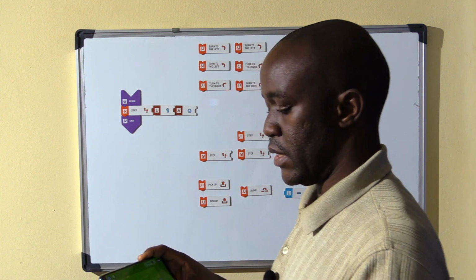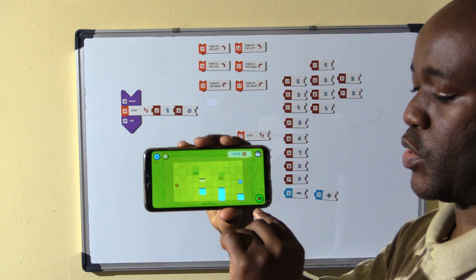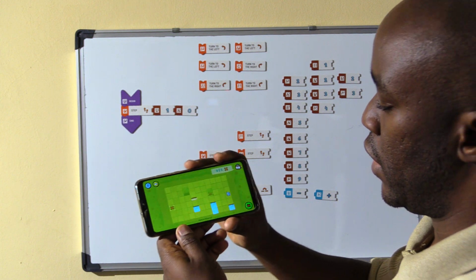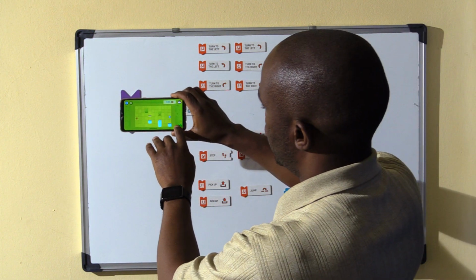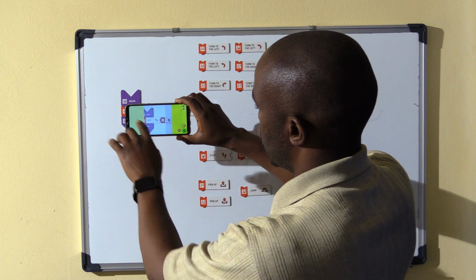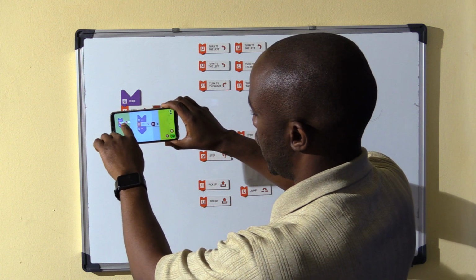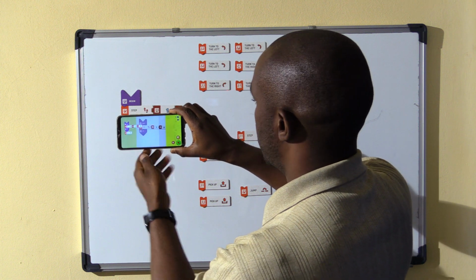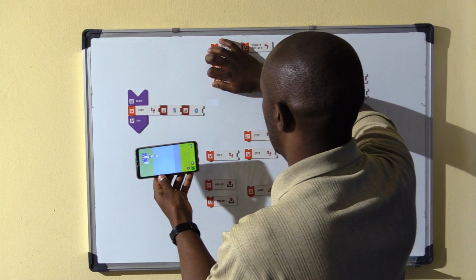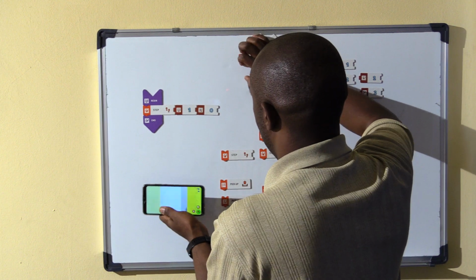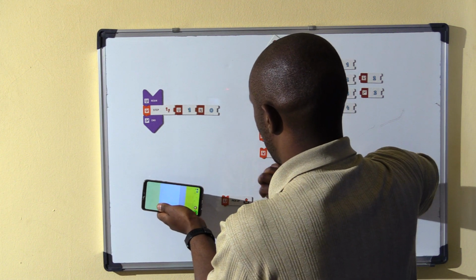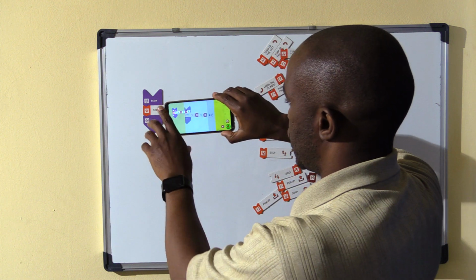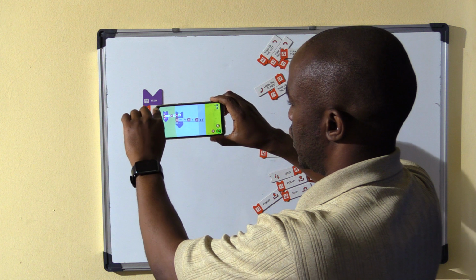So the next thing is we need to now scan the code. You'll notice in the corner there's a camera. So we go over our code, press the camera. It's going to show us our block of code there, and you can see it's read our code. You just need to make sure that these are out of the way so that they're not read unintentionally. Okay, so just shove those out of the way, and let's read our code once again. So there we go, we've got it.